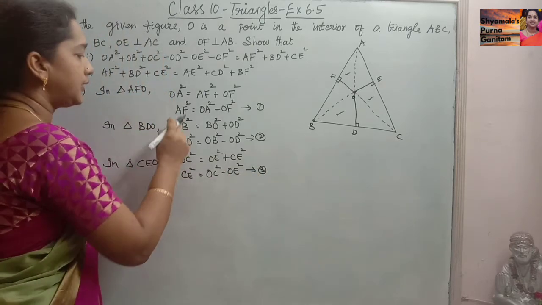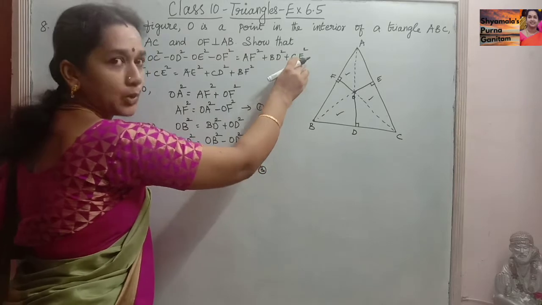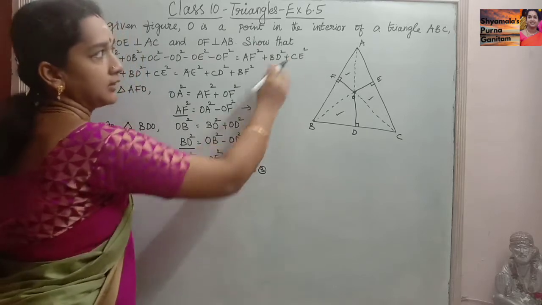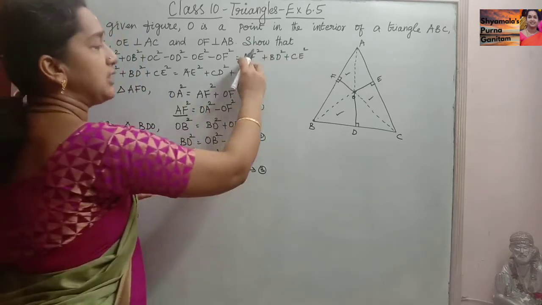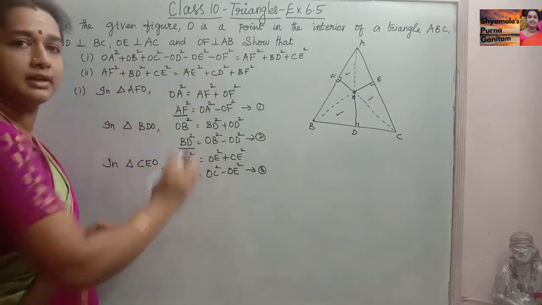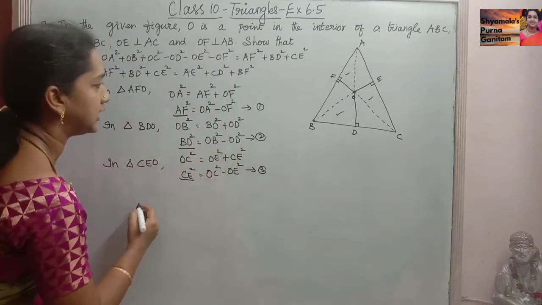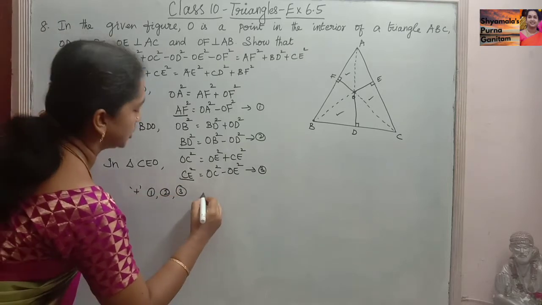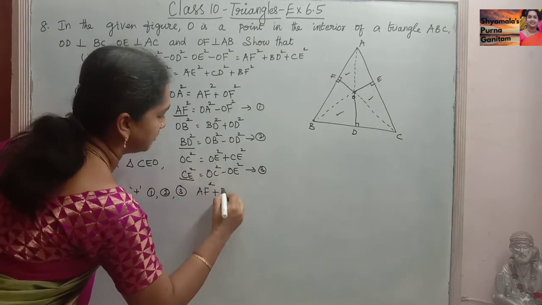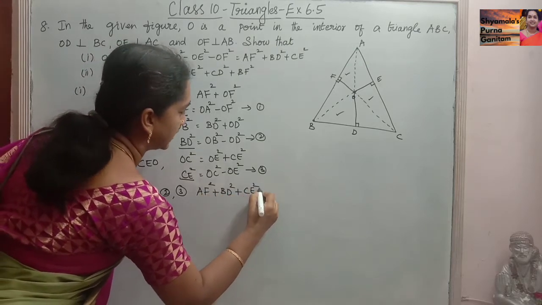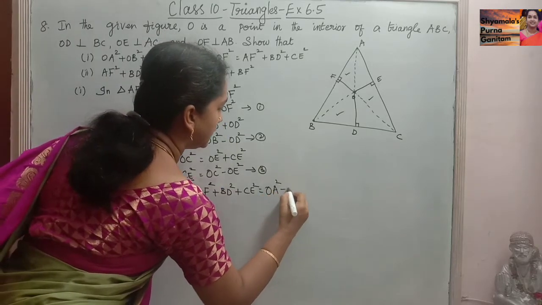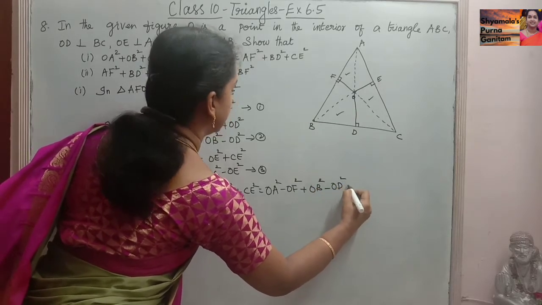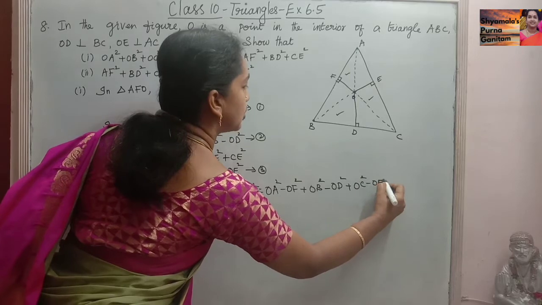So we got the values for these three squares: AF squared, BD squared, CE squared. If we add the LHS and the RHS of all three, we get AF squared plus BD squared plus CE squared equal to OA squared minus OF squared plus OB squared minus OD squared plus OC squared minus OE squared.